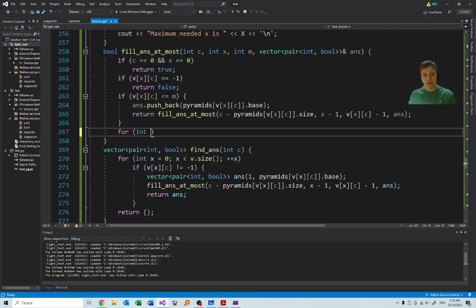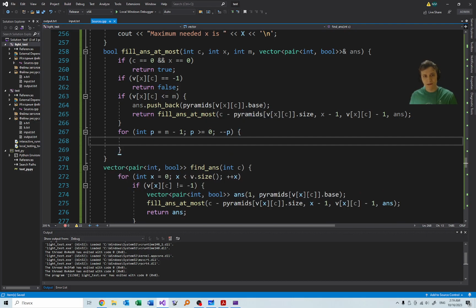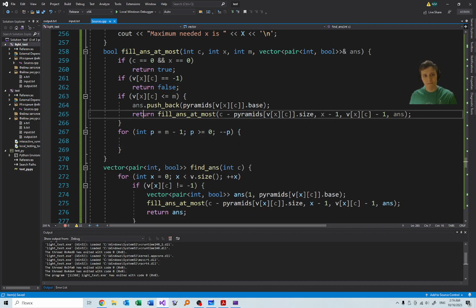Finally, we iterate through all possible pyramids, and we try them. Actually, in such functions, if the function failed and returned false, then you need to make the array the same state as it was before your function.